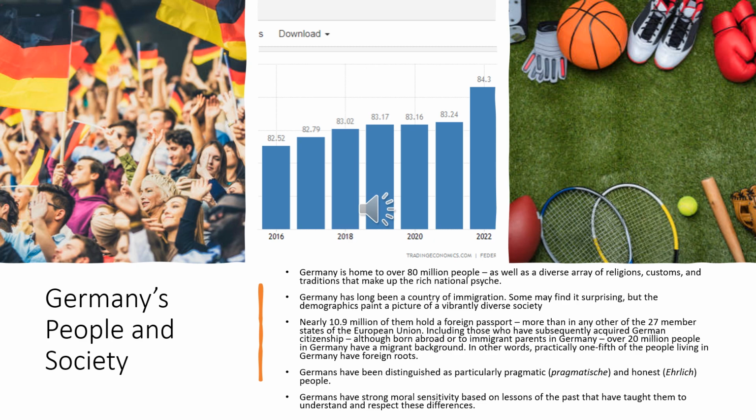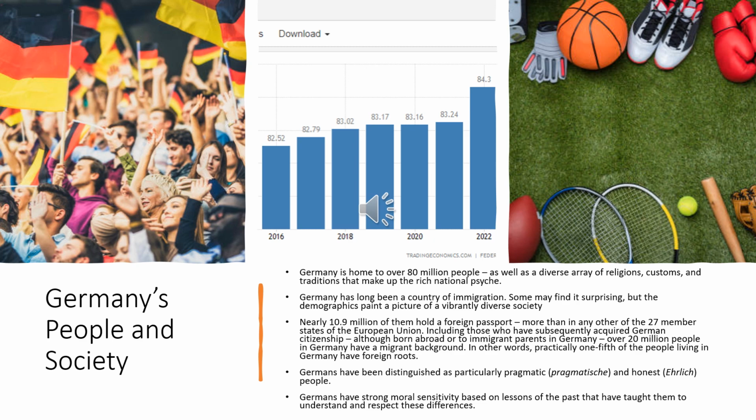Let's talk about Germany a little bit more. Germany is home to over 80 million people, as well as a diverse array of religions, customs, and traditions that make up the rich national psyche. Germany has long been a country of immigration, so many find it very surprising. But the demographics paint a picture of a vibrantly diverse society.